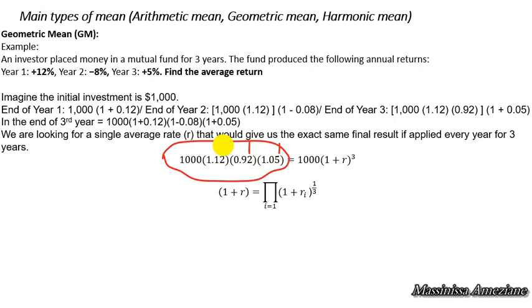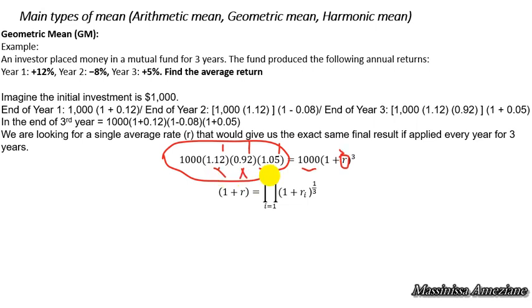So all this equals $1,000 times 1 plus the average rate, or the single rate, to the power 3, because it is this times this times this.